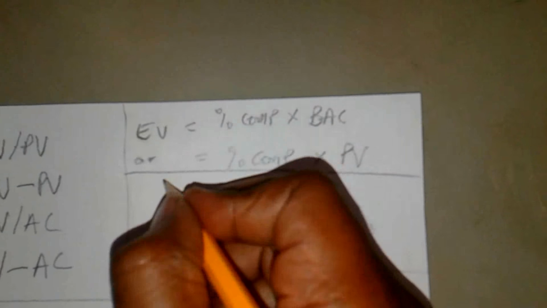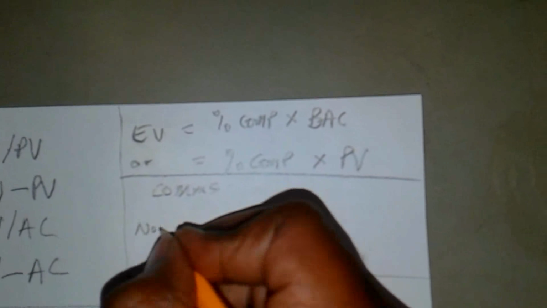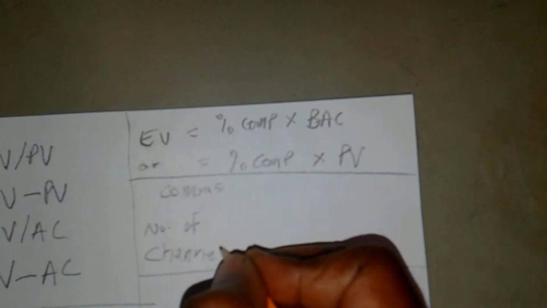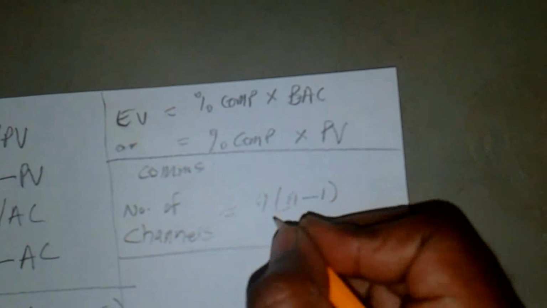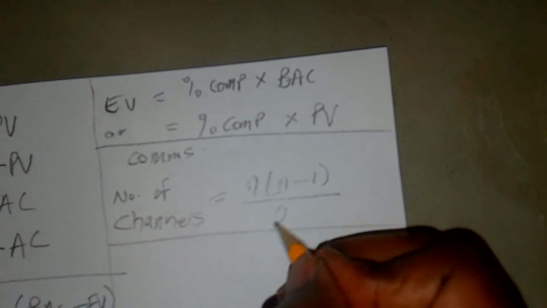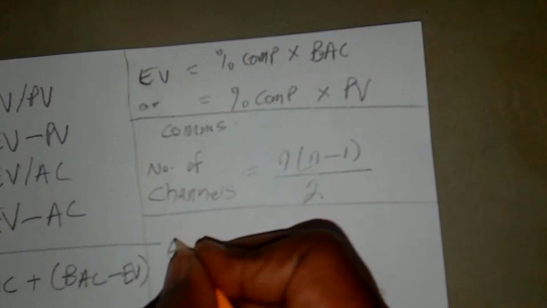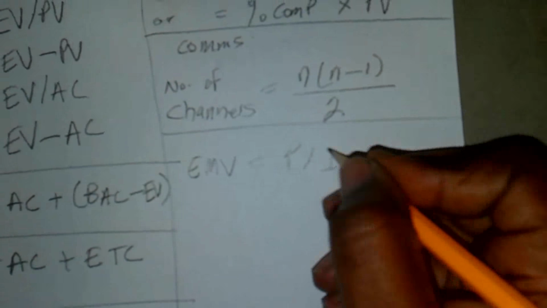Moving over to other things, communication: the number of channels is equal to n times n minus 1, all divided by 2. Remember, your expected monetary value is equal to probability times impact.